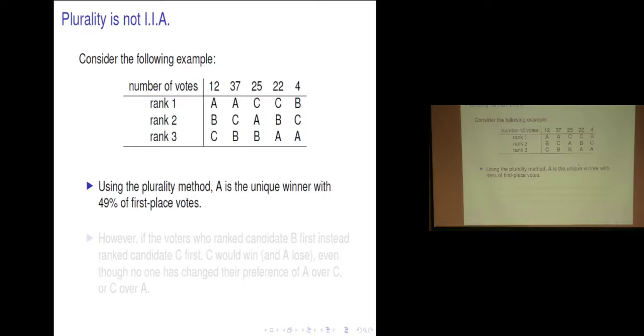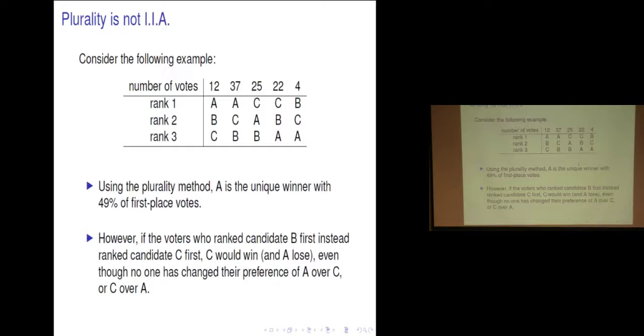Now let's do some irrelevant alternative. We flip B and C. Suppose the voters who rank candidate B first flip B and C, so you get 4 more first choices for C. Then it becomes 51, so C will be the winner.